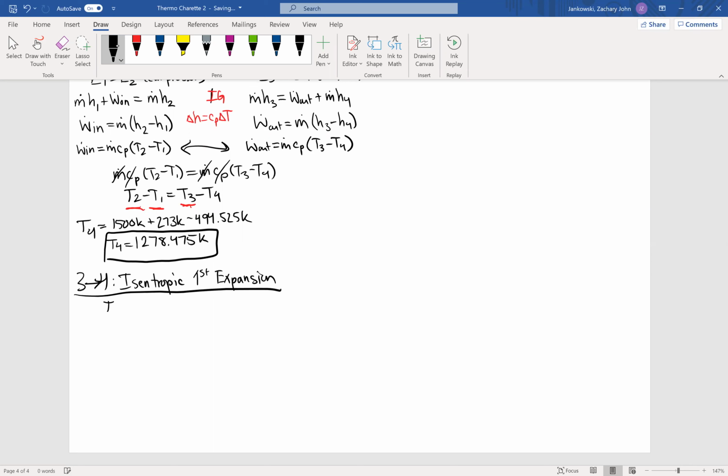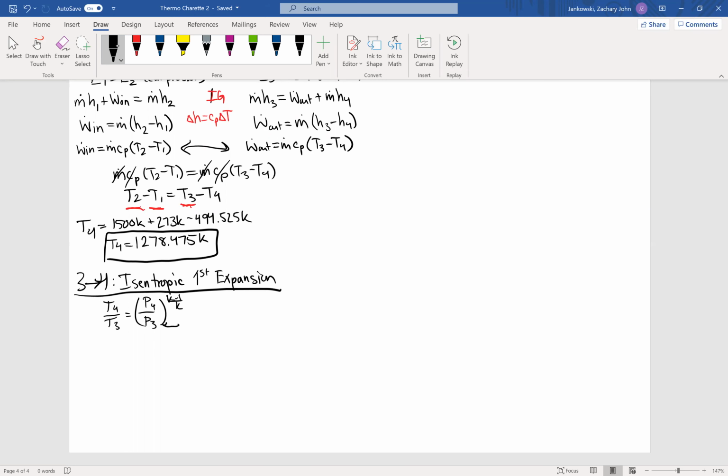Now, our T4 over our T3 is going to equal our P4 over our P3 to the (k minus 1) over k. Now, while conventionally we know our pressure values and we are solving for temperature, this process is going to be a little bit weird because now we're solving for our P4.